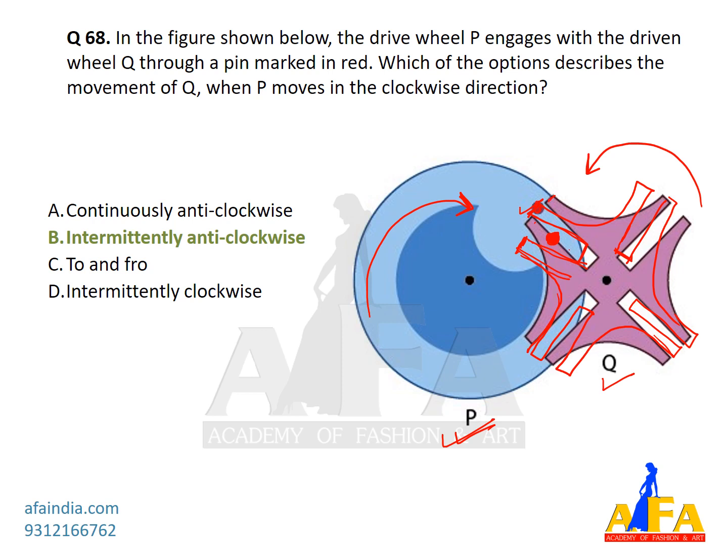Okay, so earlier it was here, after some time it will shift here, after some time it will shift here. So this is your anti-clockwise movement. It means this B option is correct for this one. Alright, thank you so much.